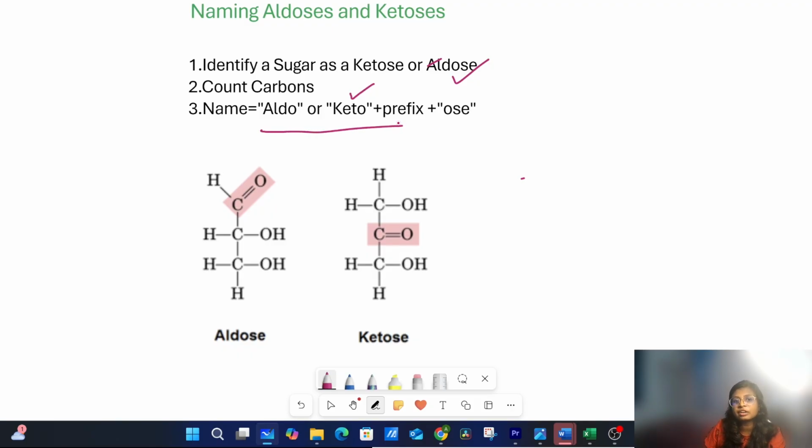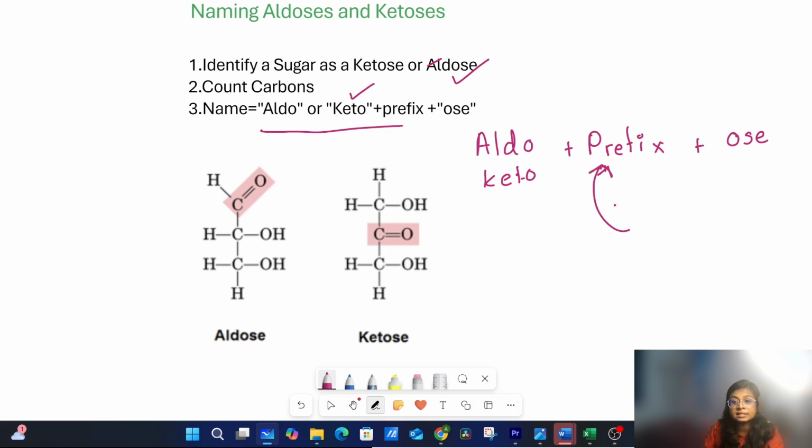The name starts with aldo or keto: if it is an aldose, it should be aldo; if it is a ketose, it should be keto. Then there's a specific prefix, and the end part should be ose for both aldoses and ketoses. The prefix is based on the number of carbons it has.